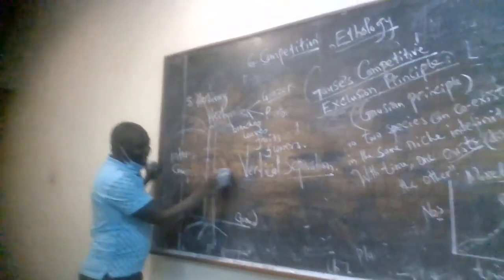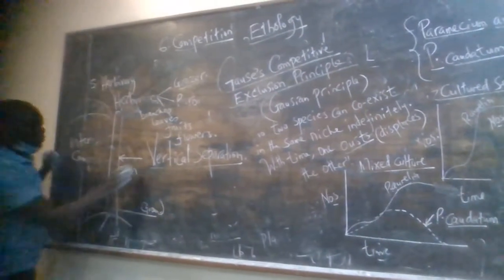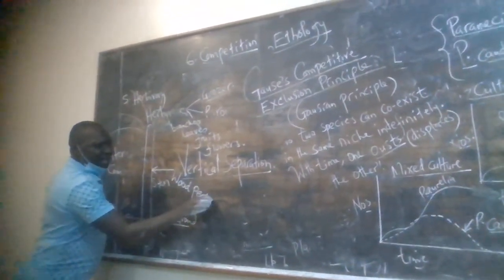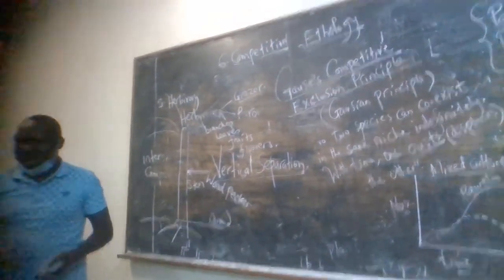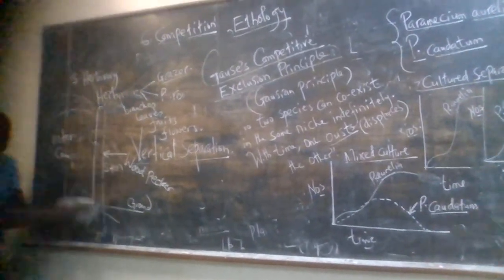Then there is a certain species of bird called the woodpecker. It's interesting. It's not in the canopy, in the branches or leaves. The interest of the woodpecker is the stem.